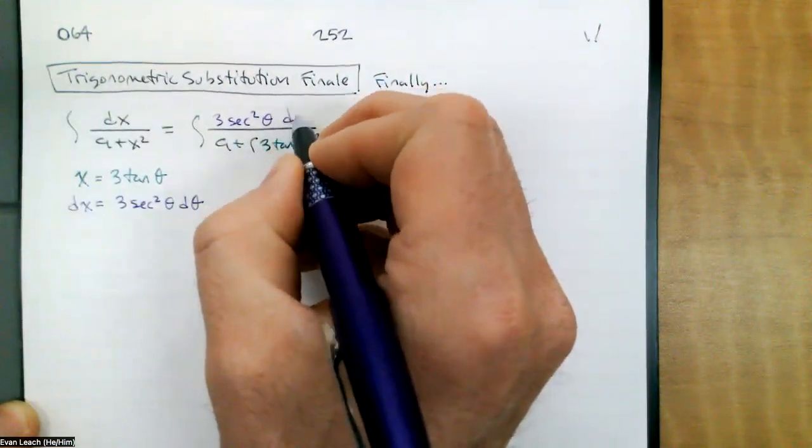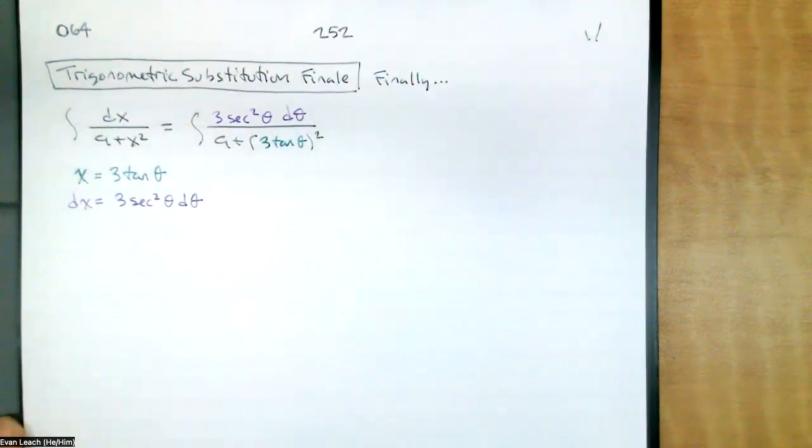Forgot the d theta. After we make our substitution, this is when the Pythagorean identity shows up and two terms become one term. Wherever we made that substitution, in the 9 plus x squared, that's where we suck down into one term. All the normal stuff happens.